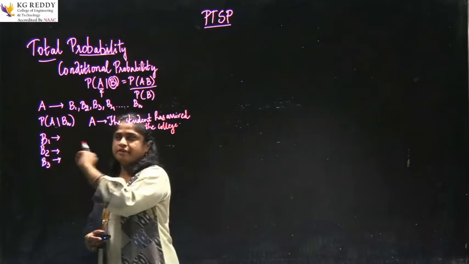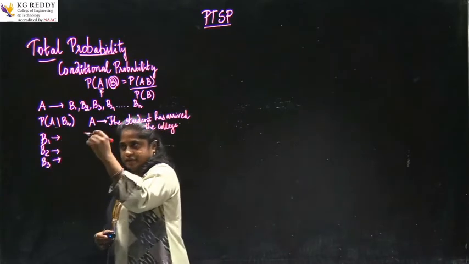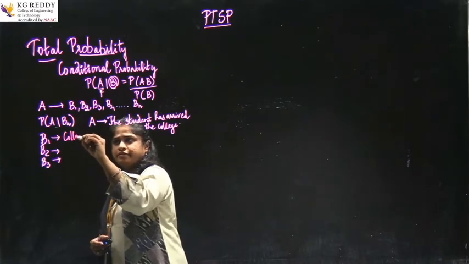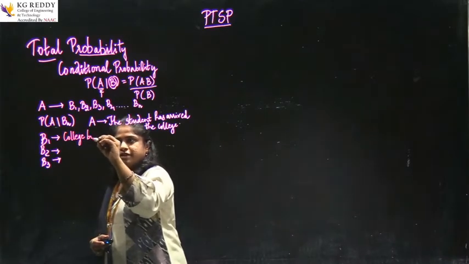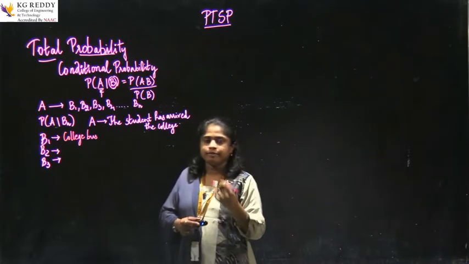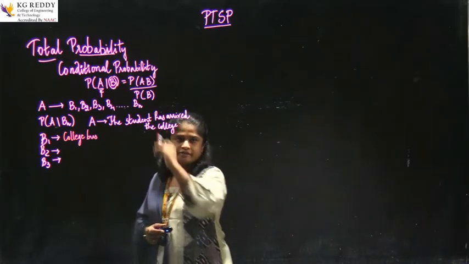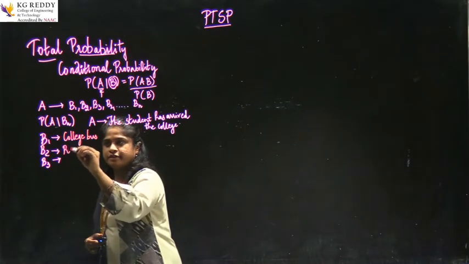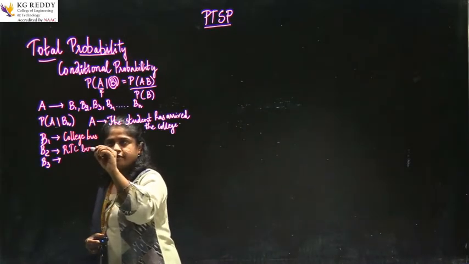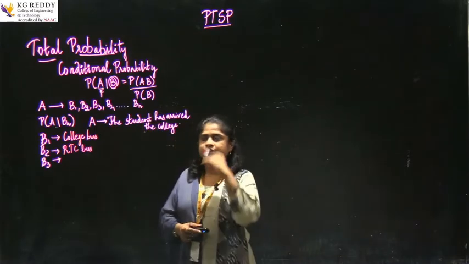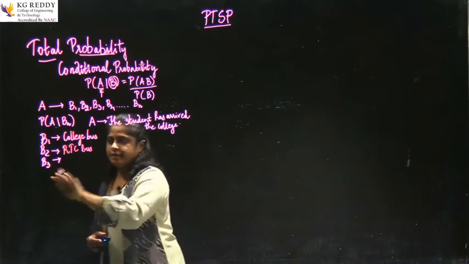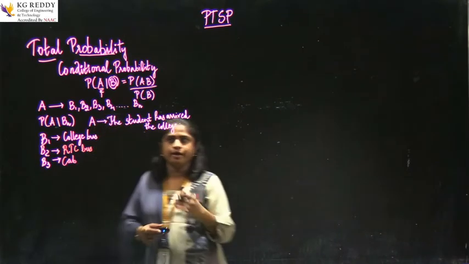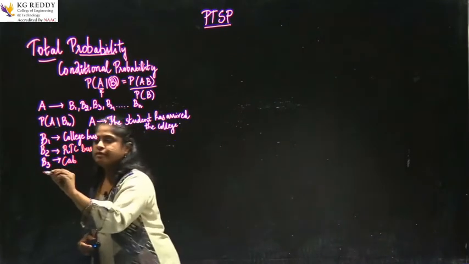For example, B1: the student might have taken the college bus and then arrived to the college. B2: the student might have gone to the bus stop and taken the RTC bus and then arrived to the college. B3: the student must have booked the cab and then arrived to the college.